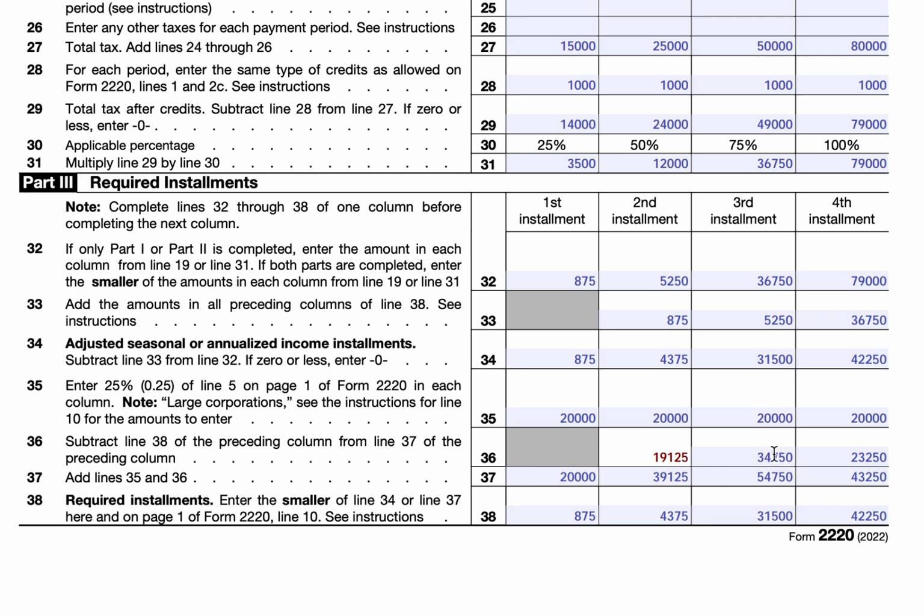We're going to add that to the $20,000, and again, we're going to apply the smaller of the two. So in this case, the smaller of the two is 31,500. So now we add 31,500, 4375, and 875 to this right up here, the 36,750. Again, we're going to subtract line 33 from line 32. We get 42,250.